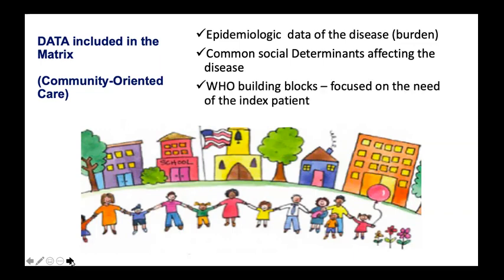And then the WHO health system building blocks, focusing now on the need of the index patient or the family at risk. There are issues sometimes in looking at health systems, and it is being separated with the actual disease of patients.